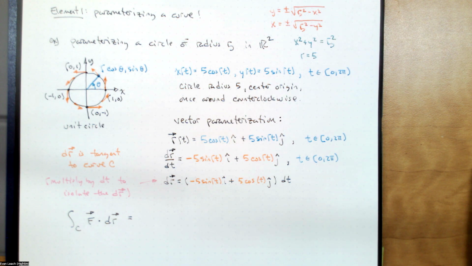Remember the plan. What is this notation telling us to do? We're going to parameterize C. That's just a mechanical thing for us. That's how we tell the integral where we're going to be evaluating our vector field and where the curve is headed. So we're going to evaluate the vector field at all the points on C.